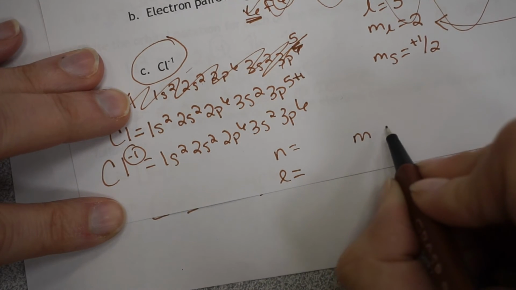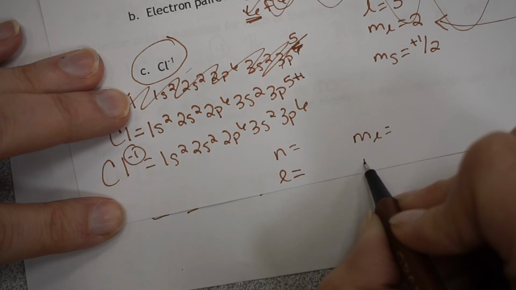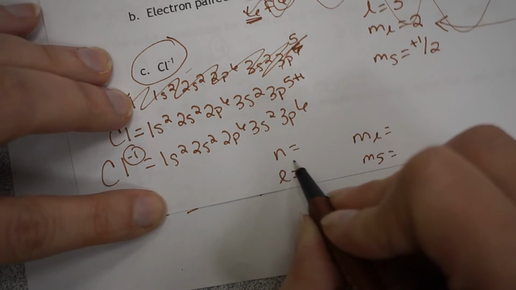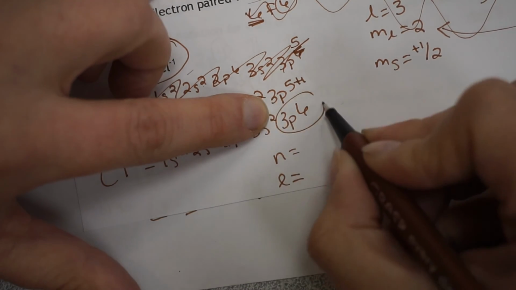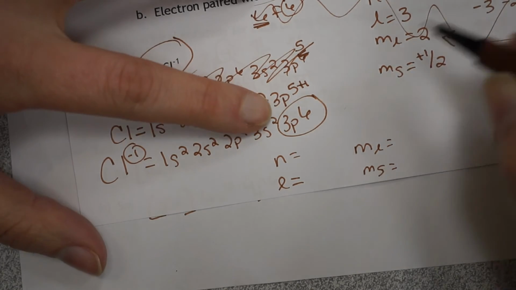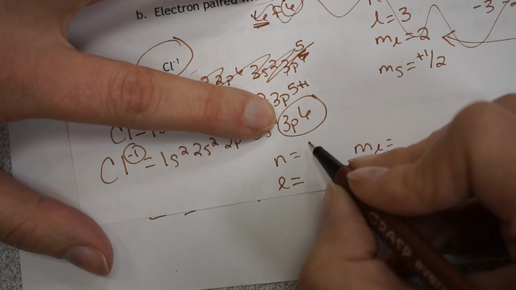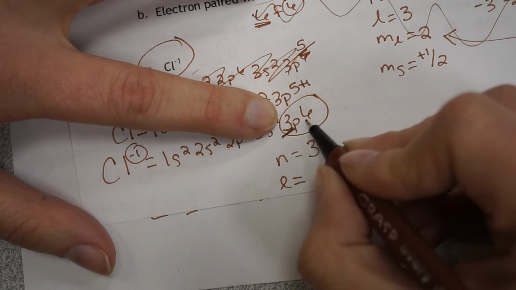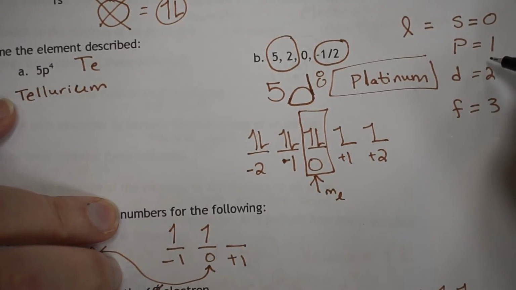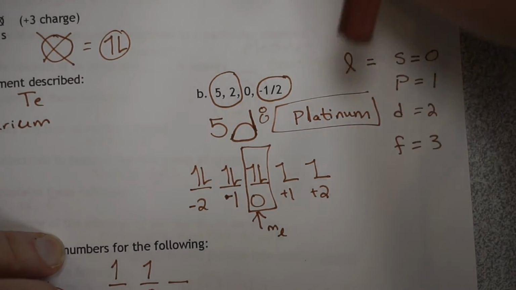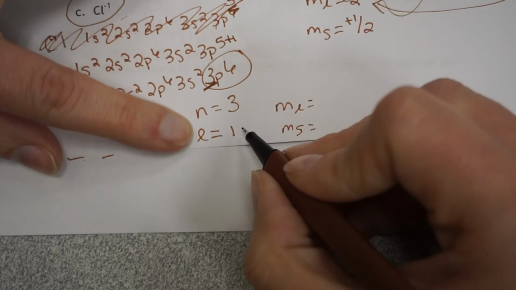So now we need to find the quantum numbers, right? M sub L, M sub S. Okay, so N, that's very easy. We're looking at this one for the chloride ion. So from here, obviously we know N is 3 because of this. P over here, P is 1. So L is going to equal 1.